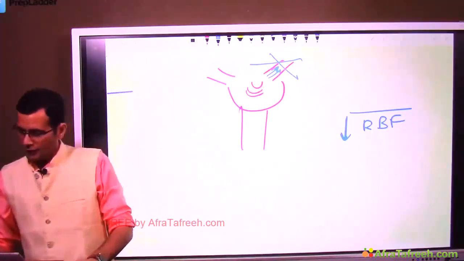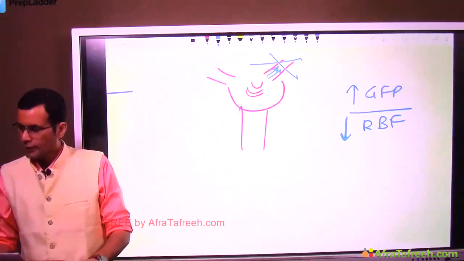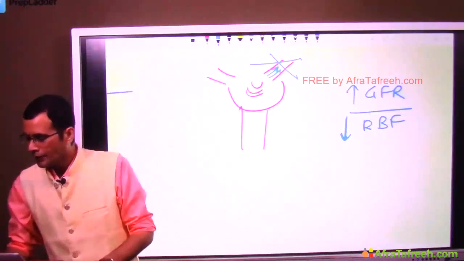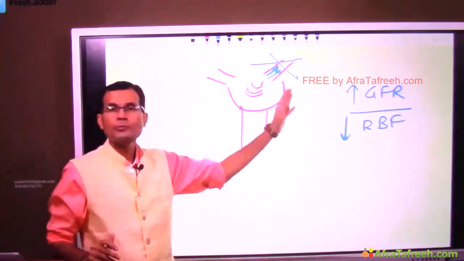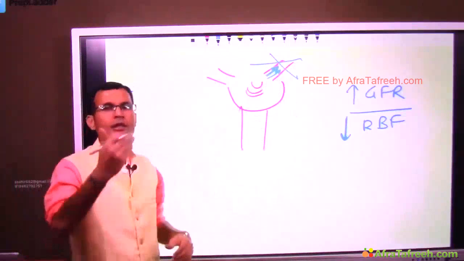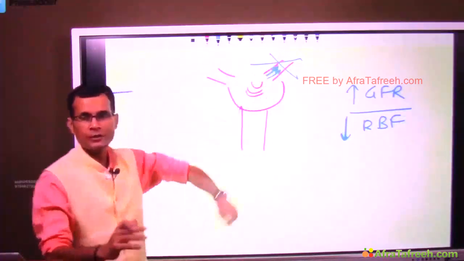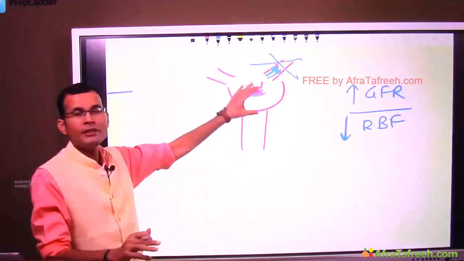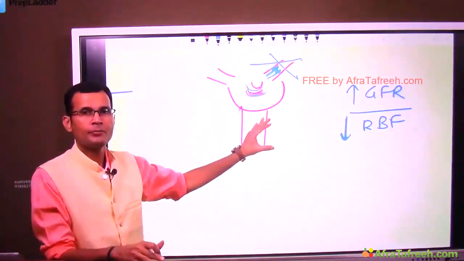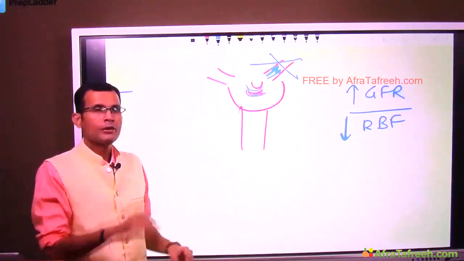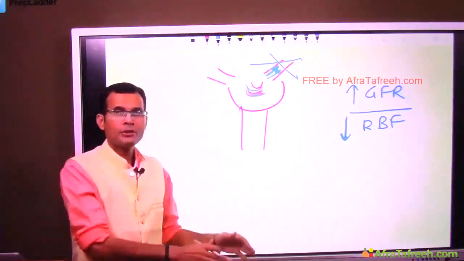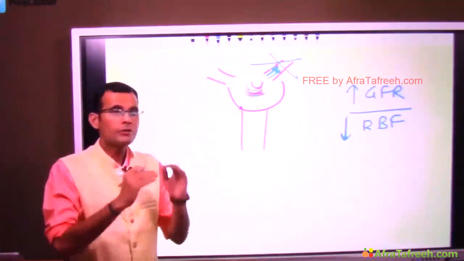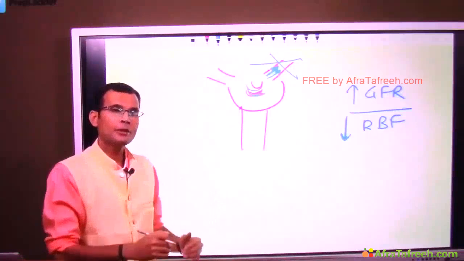What about the GFR? GFR will increase. Why? Because the blood leaving the glomerulus now has become less. I mean, less blood leaving the glomerulus because of the constriction. That means more blood accumulates in the glomerular capillaries. And remember, capillary hydrostatic pressure, the more the amount of blood or fluid accumulated, the more will be the hydrostatic pressure.